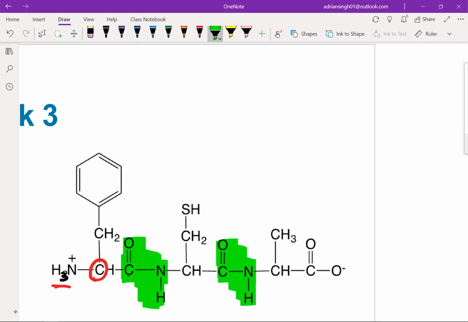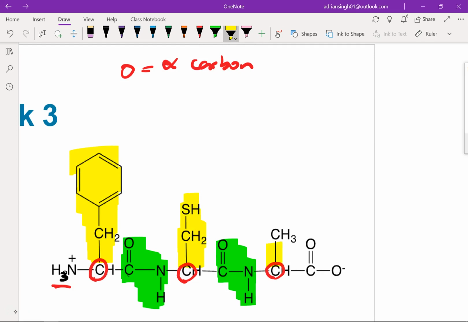In between those amide bonds, what's going to be there? Your other alpha carbon. And beyond that second amide bond, we have our third alpha carbon right here. The red circle is the alpha carbon, which means now looking at our R groups, what's attached to that alpha carbon, we can identify what the amino acid is. We can highlight those in yellow.